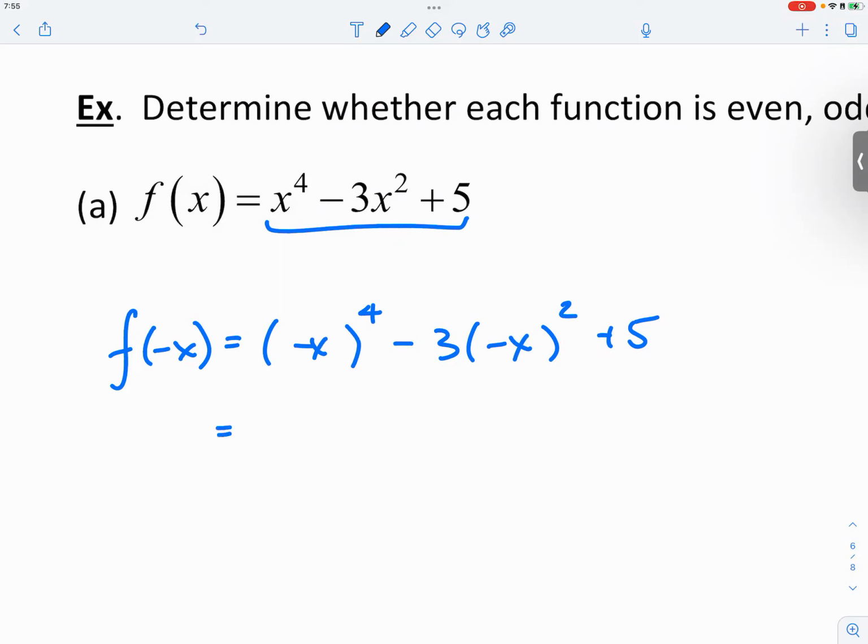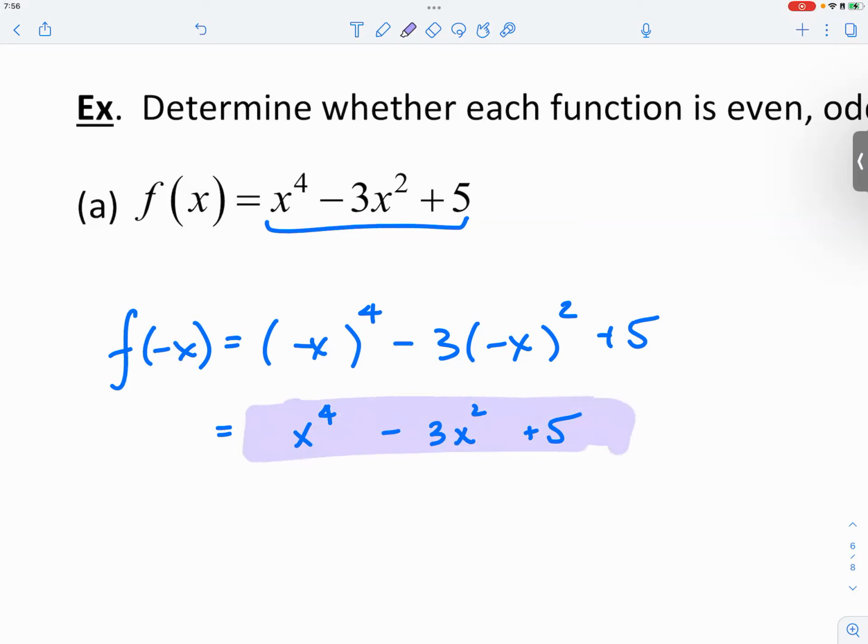Okay. And then we say, oh, what is negative x to the 4th power? X to the 4th. What is negative x squared? X squared. And then plus 5 remains unchanged. So then you look at this notation right here. Okay.